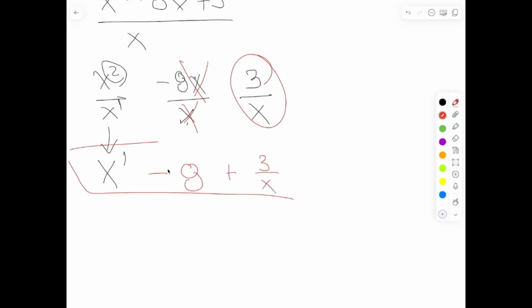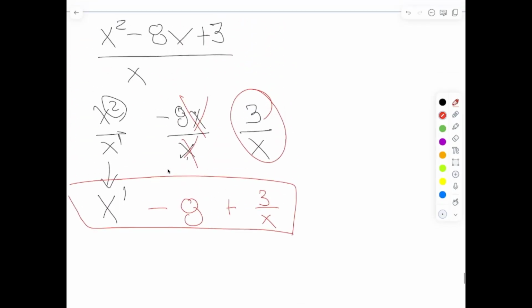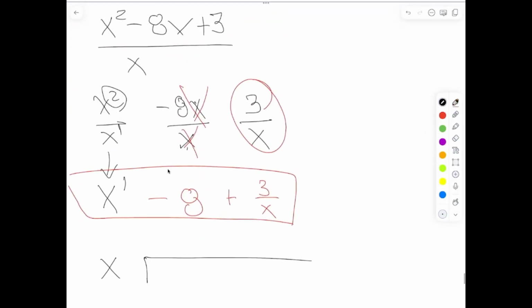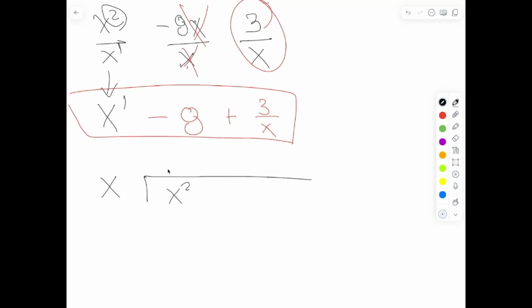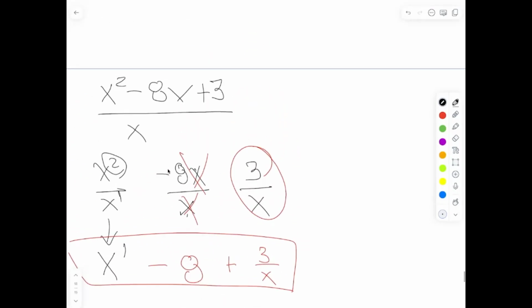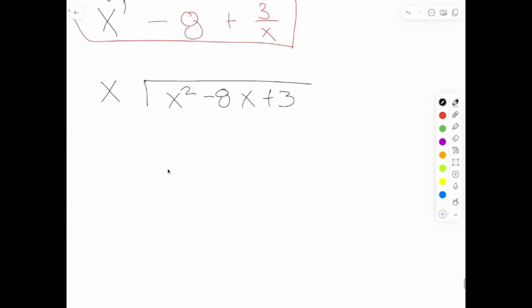Now, this looks crazy because we need to do this in a different way so you guys can understand. You saw how we did it here, right? And it was simple, right? This here is called long division.